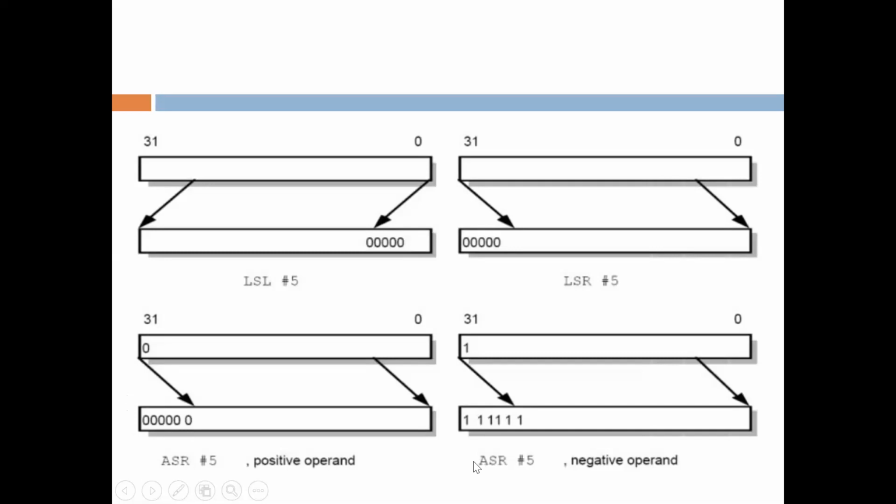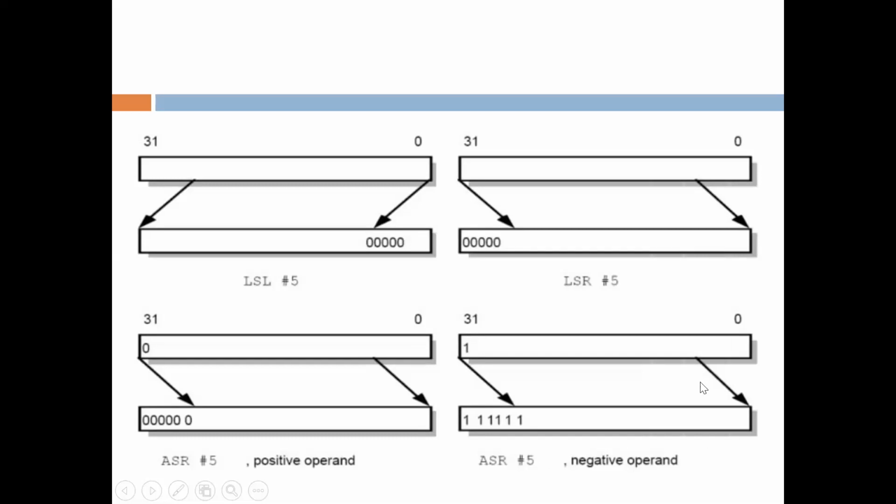So next we will see the same example, ASR, that is arithmetic shift right, for 5 times. But we are considering in this example a negative operand because the most significant bit here is 1. So ASR actually retains the sign bit, that is the most significant bit. How many times you are shifting? You are shifting the data by 5 times.